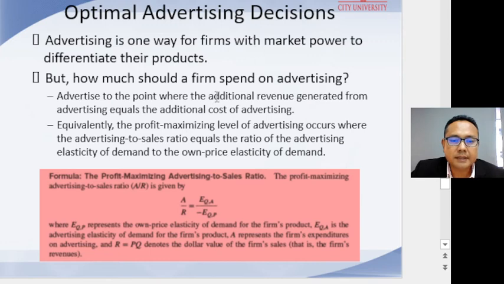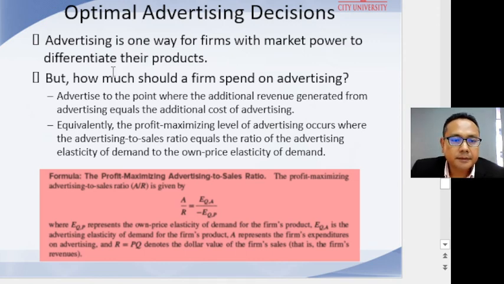So advertising is another way. It's unlike the perfectly competitive market, where sometimes they don't have to advertise because it doesn't affect them so much.